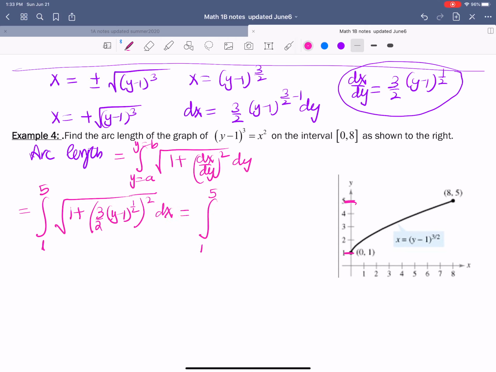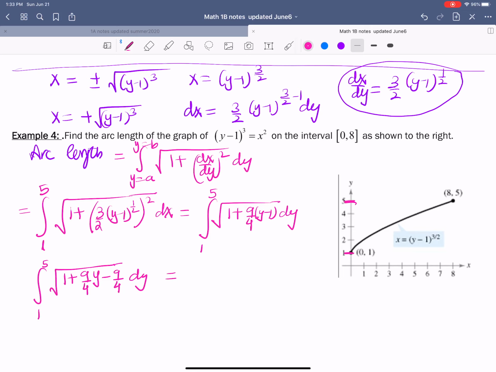Okay, 1 to 5 square root of 1 plus 9/4 times (y minus 1) dy, because the square and square root cancel for the y minus 1, and 3 squared is 9, 2 squared is 4. Clean up a little, simplify a little: 1 to 5 square root of 1 plus 9/4 y minus 9/4 dy.